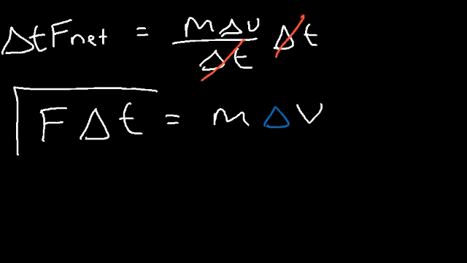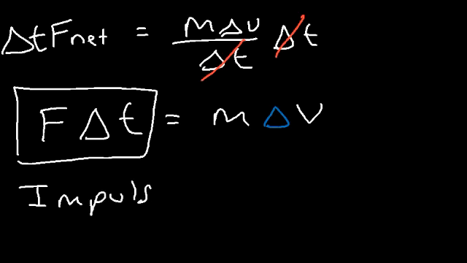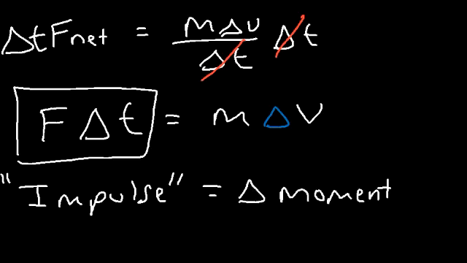The product of the force and the time is known as impulse. And mass times the change in velocity is known as the change in momentum. So this is known as the impulse momentum theorem. The impulse is equal to the change in momentum.